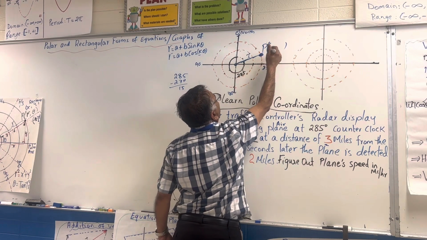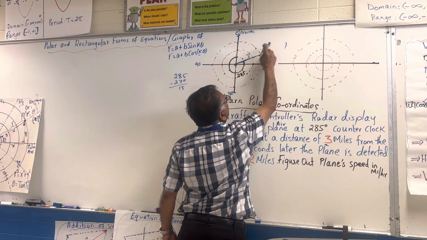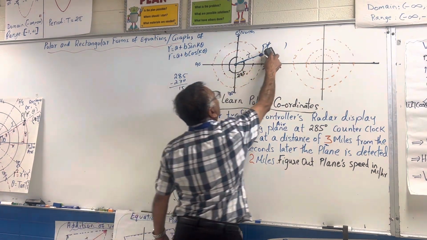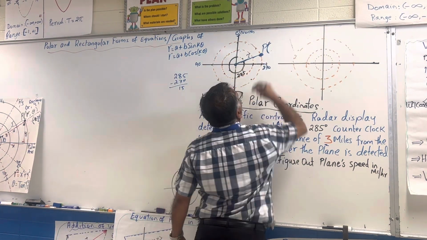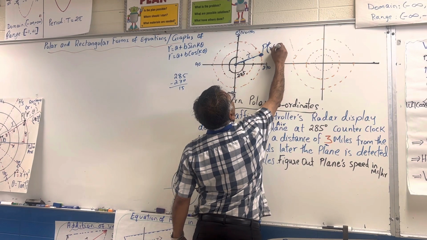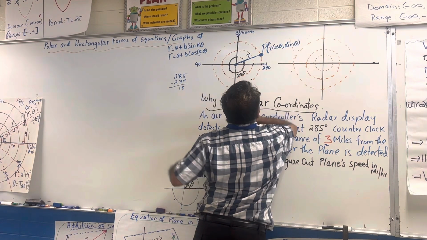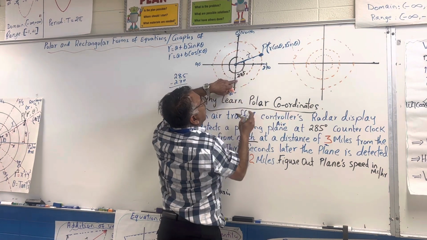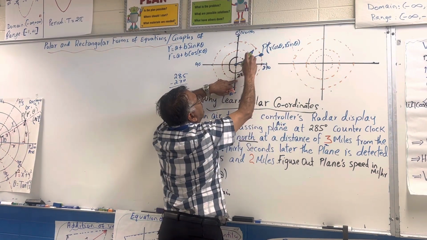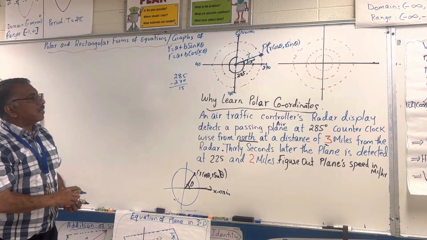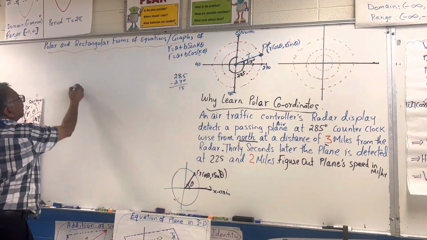In rectangular coordinates we can write r cosine theta and r sine theta. Now what is that theta? Right now it is not 285, but this angle, that is 15 degrees. Makes sense?